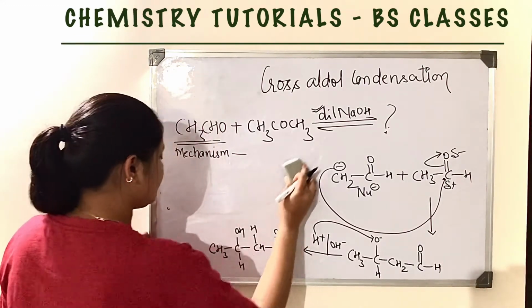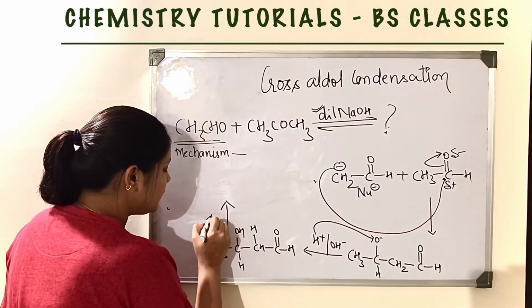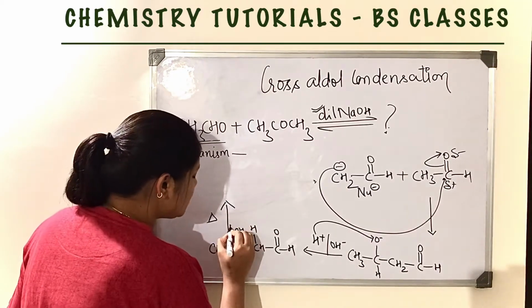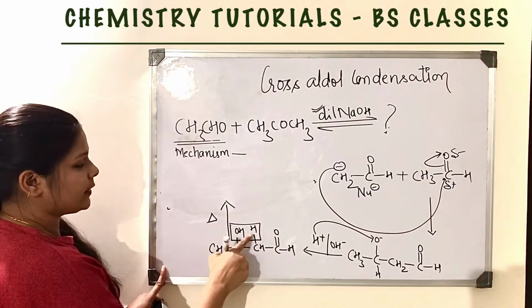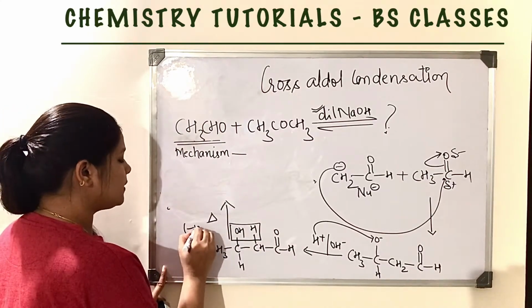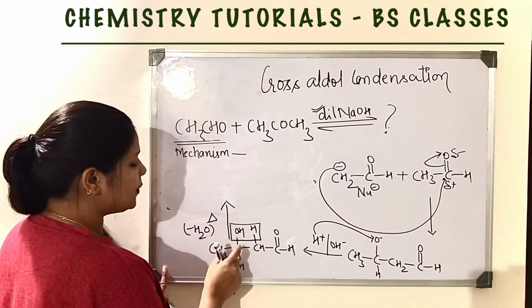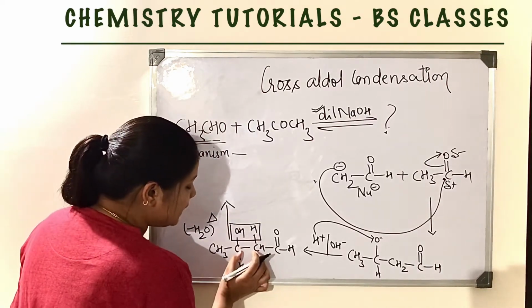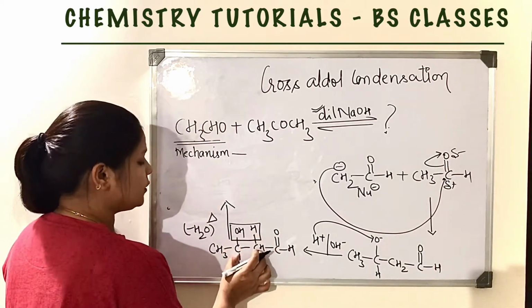If we heat this compound then there is a loss of water molecule, and the water molecule will be lost from here, H2O, that is minus H2O. If two sigma bonds will break, then it will form one pi bond, and a pi bond will form between these two carbons, because two sigma bonds will break from these two carbons.